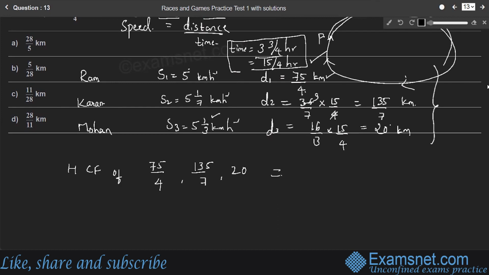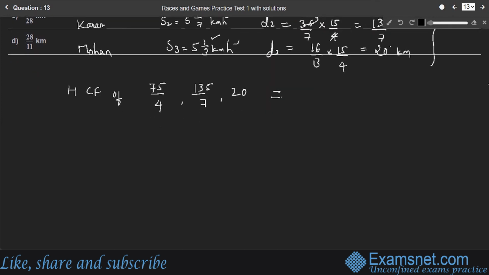How to find the highest common factor? First, we need to convert their denominators into a common number, right? Since the LCM of 4 and 7 is 28, we will convert the denominators into 28. So 75 by 4 can be written, when multiplied and divided by 7, with denominator 28 and numerator 525, as 525 by 28.